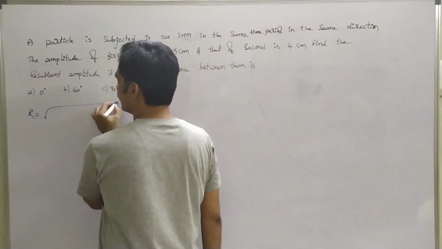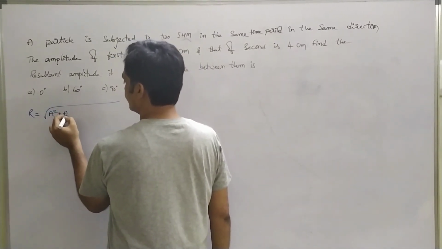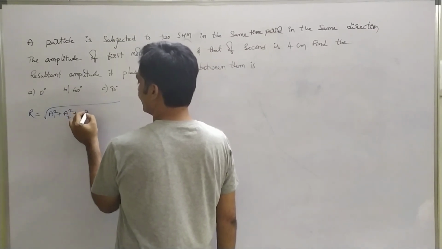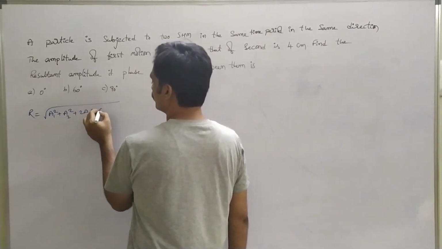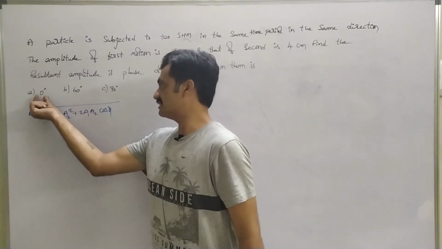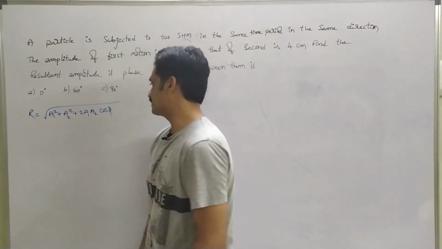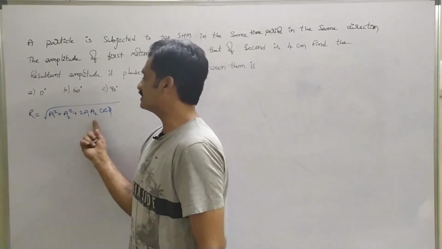We know that the resultant amplitude is given as R equals the square root of A1 square plus A2 square plus 2 A1 A2 cos phi. Based on these angles 0, 60 and 90, we have to find the resultant amplitudes, and we know that cos 0 is 1.